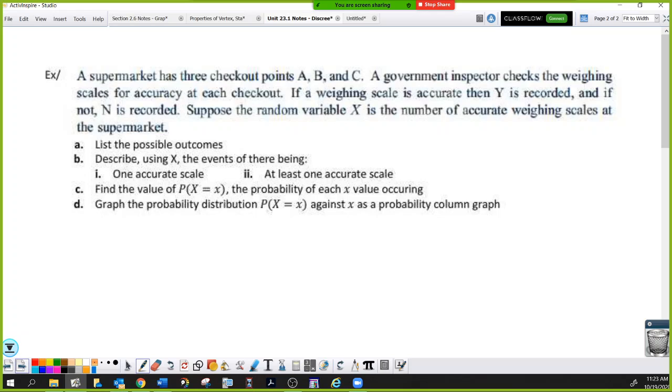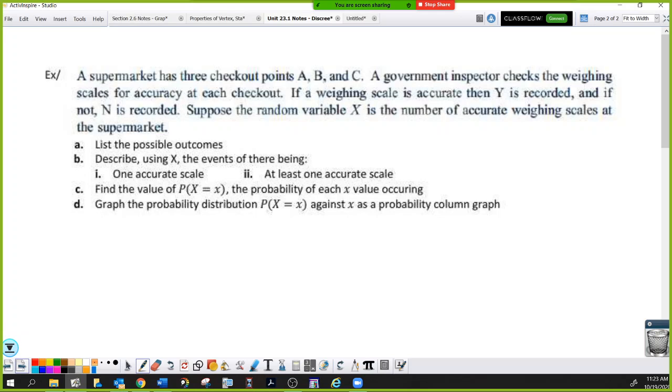Why 8? Because that is 2 to the 3rd power. Because every one of the lanes is either a yes or a no. So there are 2 to the 3rd power results. We have to list out all the possible results. It means we have to find all 8 combinations of yeses and nos.